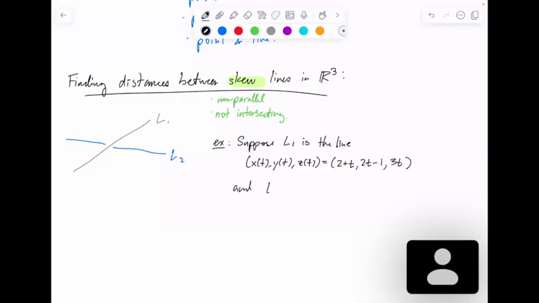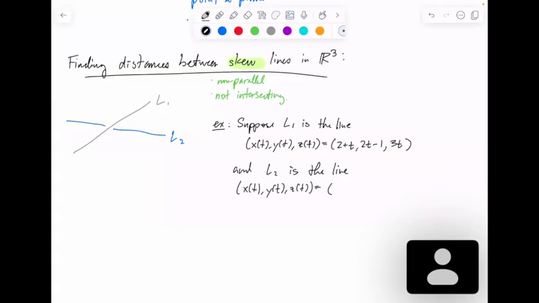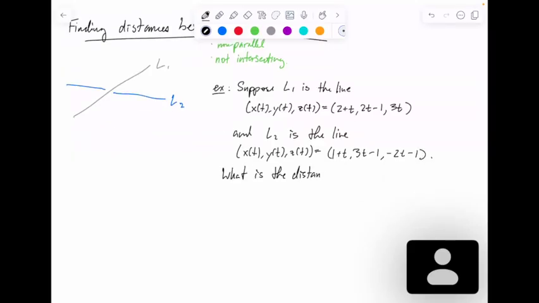And let's say L2 is the line x(t), y(t), z(t), which is equal to 1 plus t, 1 plus t, 3t minus 1, and minus 2t minus 1. What is the distance, which always means shortest distance, between L1 and L2?